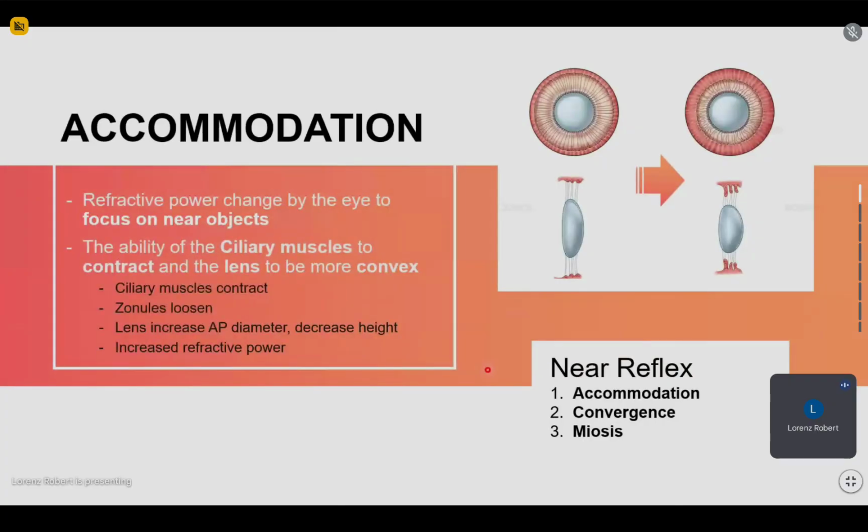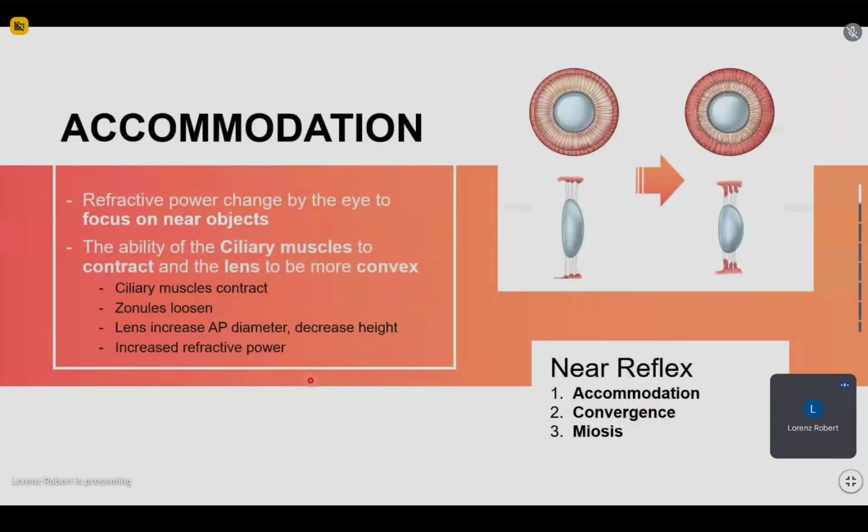So what happens when you accommodate? During accommodation, the ciliary muscles contract. In the normal resting state, the ciliary muscles are relaxed. But when these contract, the zonules loosen. The lens, in its natural state without zonular tension, wants to increase its AP diameter.